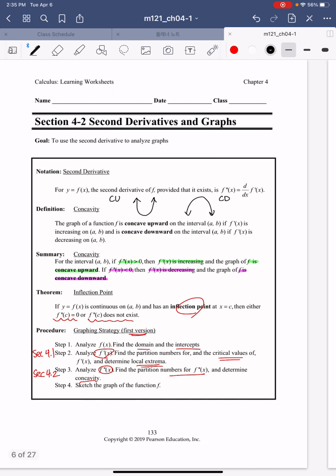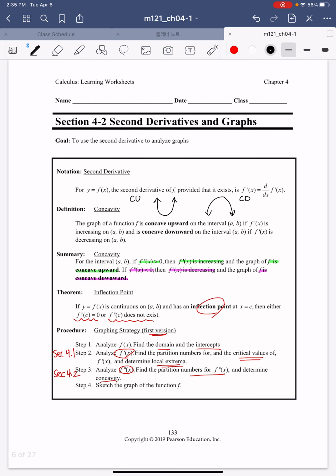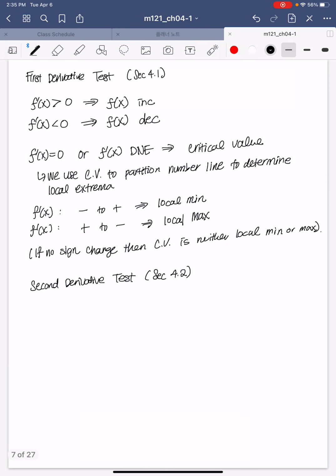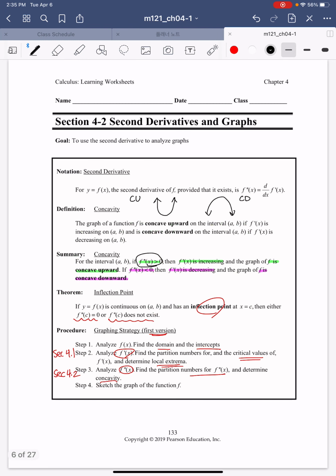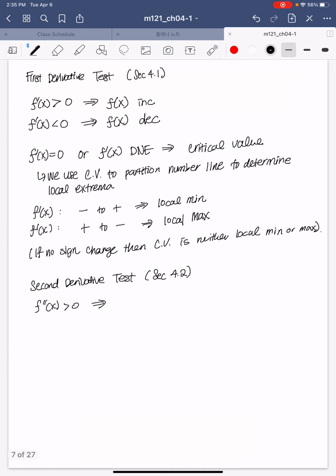Now, going back here, if the second derivative is positive, so I'm referencing kind of like this case, then you are given two pieces of information. First, the first derivative is an increasing function, and f is concave upward. So you're going to have f prime of x increasing. Also, you know that f of x is concave up.